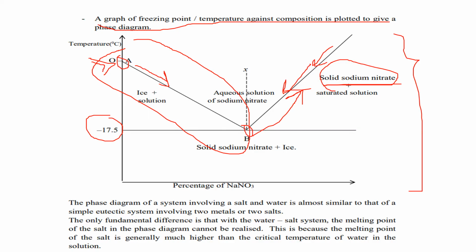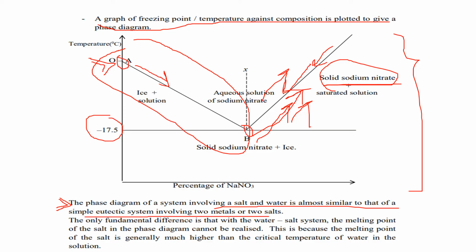And notice that the solubility of sodium nitrate, if you are to explain it this way, is increasing with increasing temperature. So there are two explanations for that, because when you are going this way, temperature is increasing, and also the solubility of sodium nitrate is going to be increasing. That's why we are saying that the phase diagram of a system involving a salt and water is almost similar to that of the simple eutectic system involving two metals.